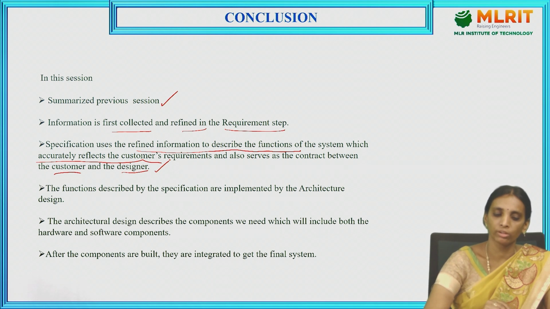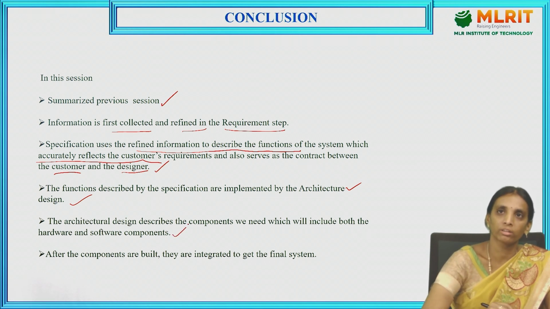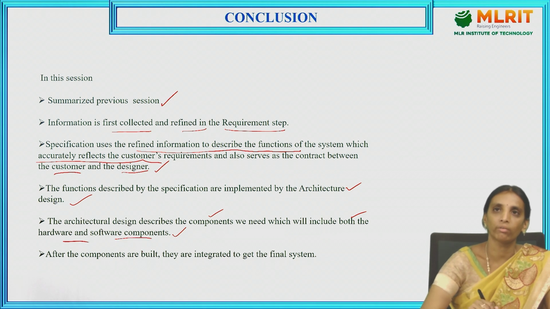And what about the third step? We need to design the architecture. The functions described by the specification are implemented by the architecture design. In the fourth step, this architecture design consists of many blocks. For each block, we need to decide what the components are and design those blocks, which includes both hardware and software components.